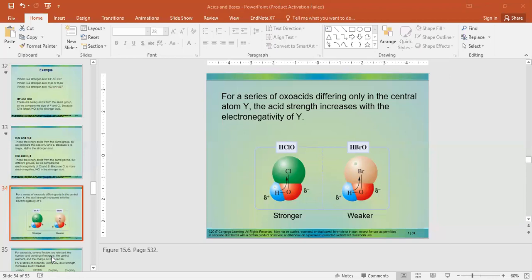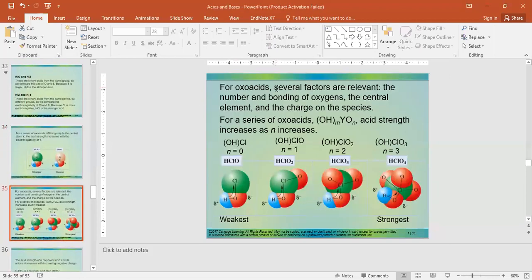But for oxoacids, we also look at several factors. One of the key things is the number of bonding oxygens on the central element, and the charge of the species. For a series of oxoacids, the strength increases as the number of oxygen atoms increases.